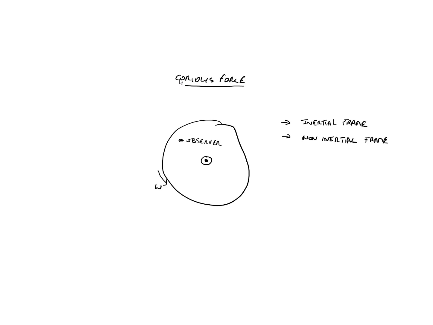Remember that the Coriolis term is minus 2m, and then you have to take the rotation vector, remember that this is the vector that is sticking out of the page, cross product with the velocity vector in the rotating frame. So we'll first have a look at what's happening in the inertial frame.